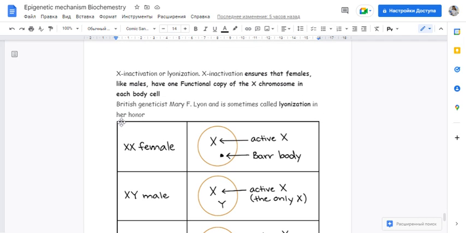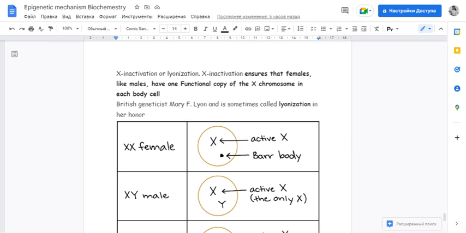X inactivation, on the other hand, is also called lionization because of the British geneticist Mary Lyon, who first described this process, right? X inactivation just ensures that females, like males, have an equal amount of active X chromosomes, because males have only one X chromosome, whereas females have two.